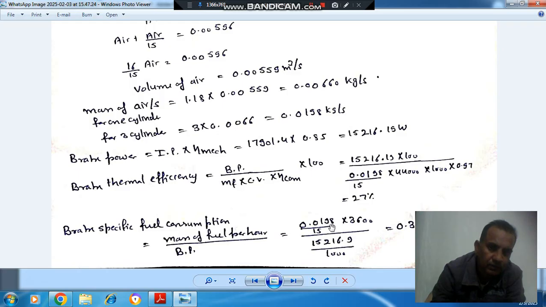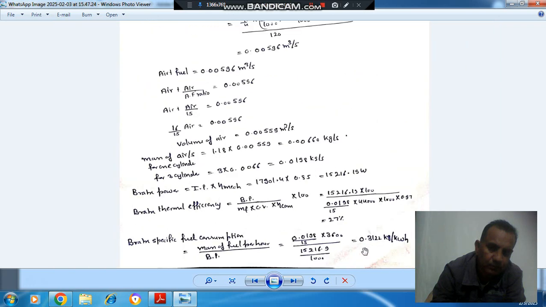Okay, so that is your mass of fuel sucked per second, and that will be per hour if you multiply by 3600. So where BP is in kilowatt, that comes as 0.3122 kilogram per kilowatt hour.